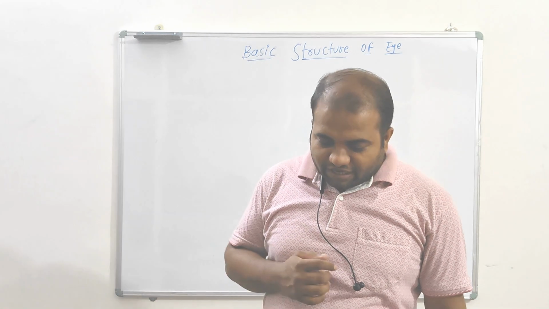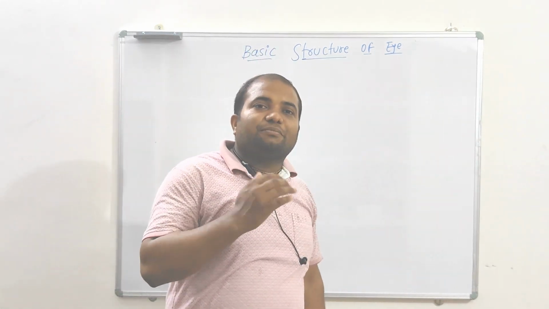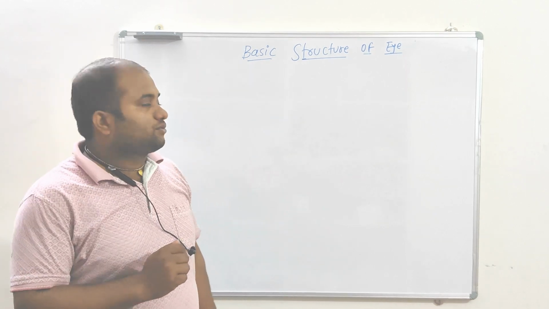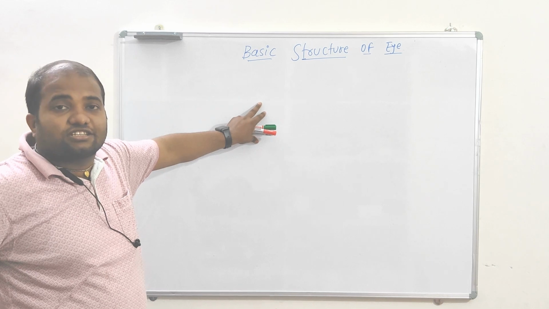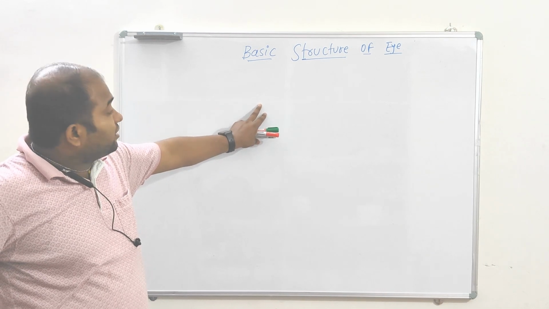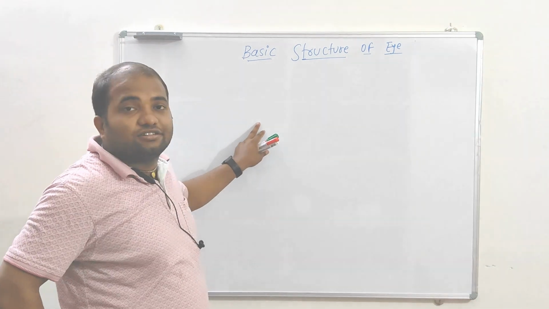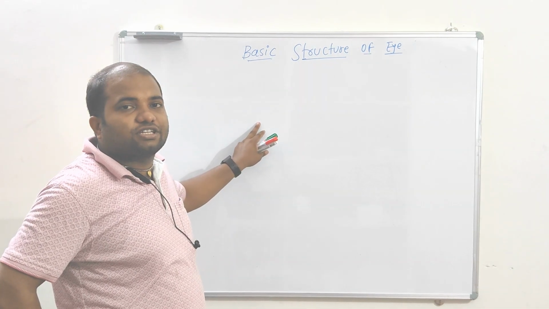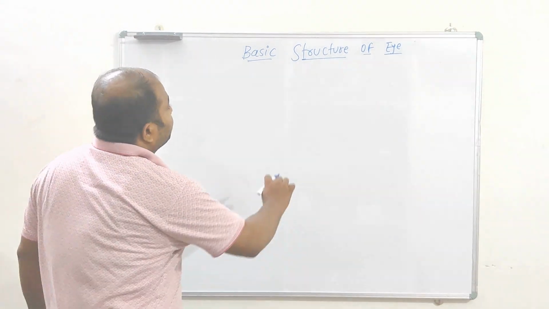After understanding the walls of the eye, we will see the interior parts and the chambers inside the eye. So let me draw the horizontal section of the eye and explain how the structures of the eye are.